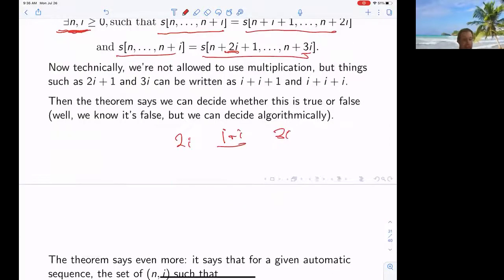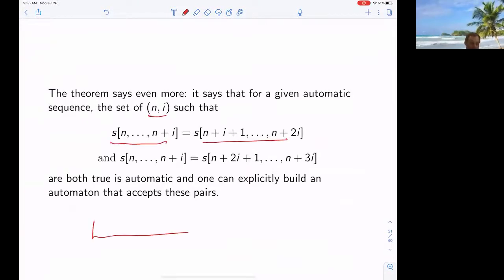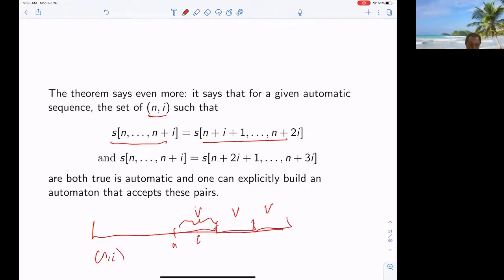But what's nice is it says more. Let's say I have now just a general automatic word that I'm interested in. Maybe it's not the 2 Morse word, and maybe it does have some cubes. Then I can ask, what is the set of n and i where we get a cubic factor? Basically, what is the set of n and i so that I have a cube, v cubed with v of length i, occurring at position n.